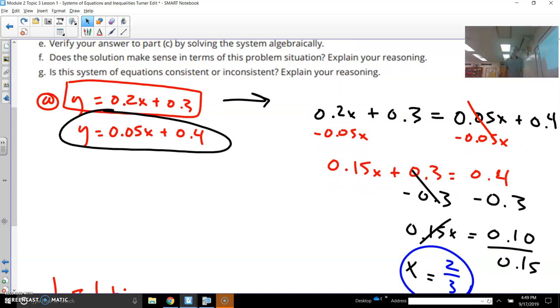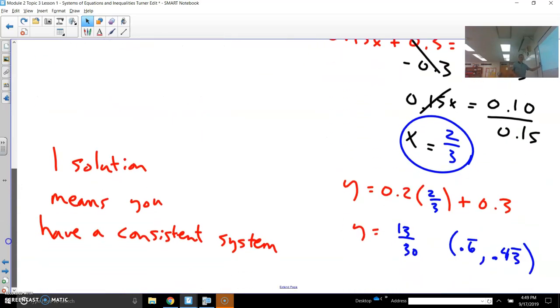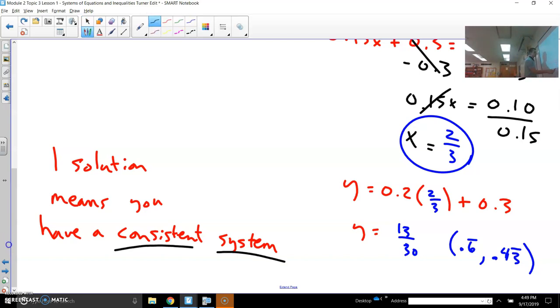And ultimately when you divide, you do find 2/3, that's your 0.6 repeated. And if you go ahead and plug that value into one of the equations, you can get 0.43 repeated. Okay? So the idea here is that you have one solution, they cross at one particular point, so there is a consistent system here.